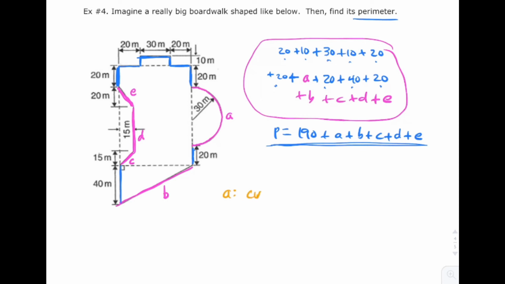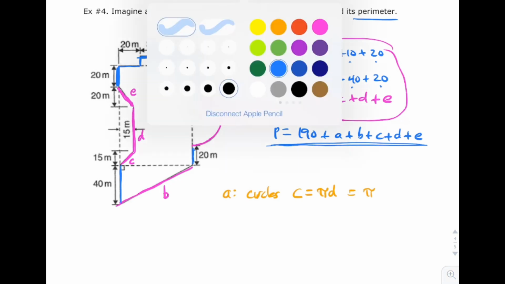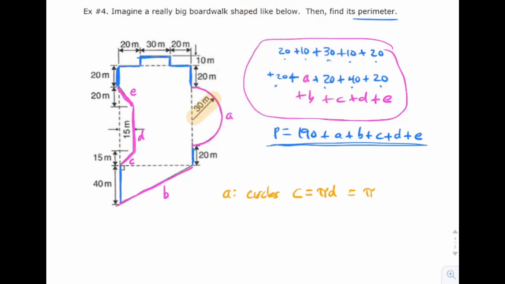So remember, circles have a circumference of pi times the diameter. The diameter of this thing would be, well, it's 30 to go halfway across the circle, so it would be a diameter of 60, really.